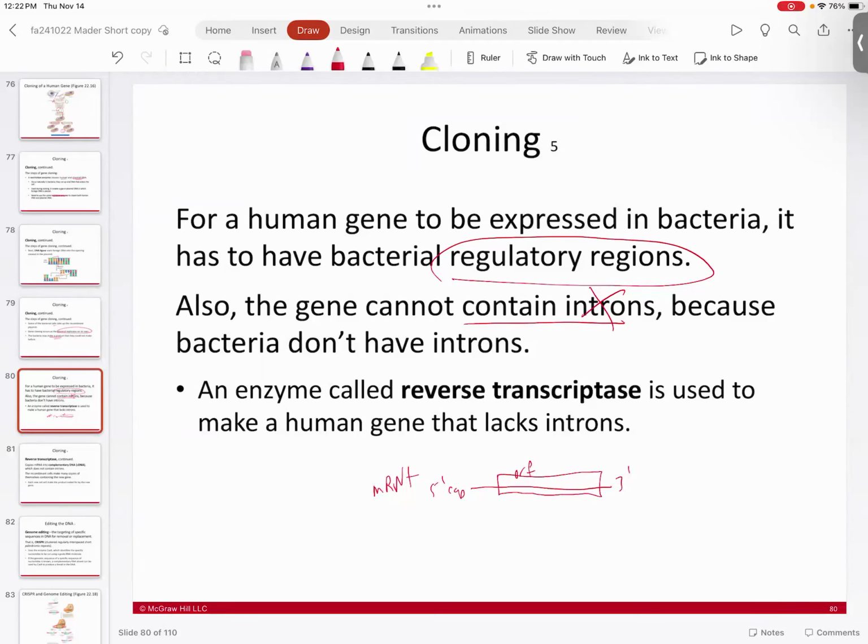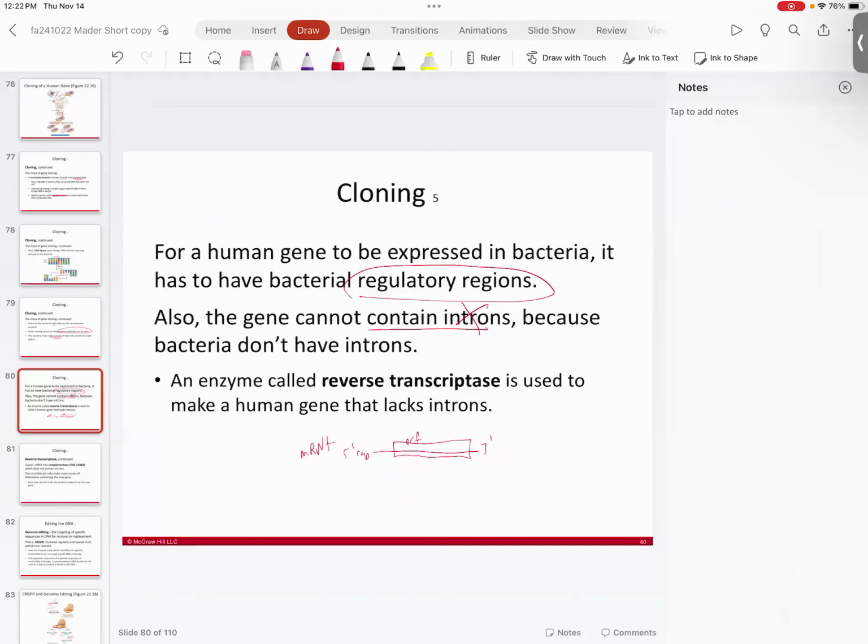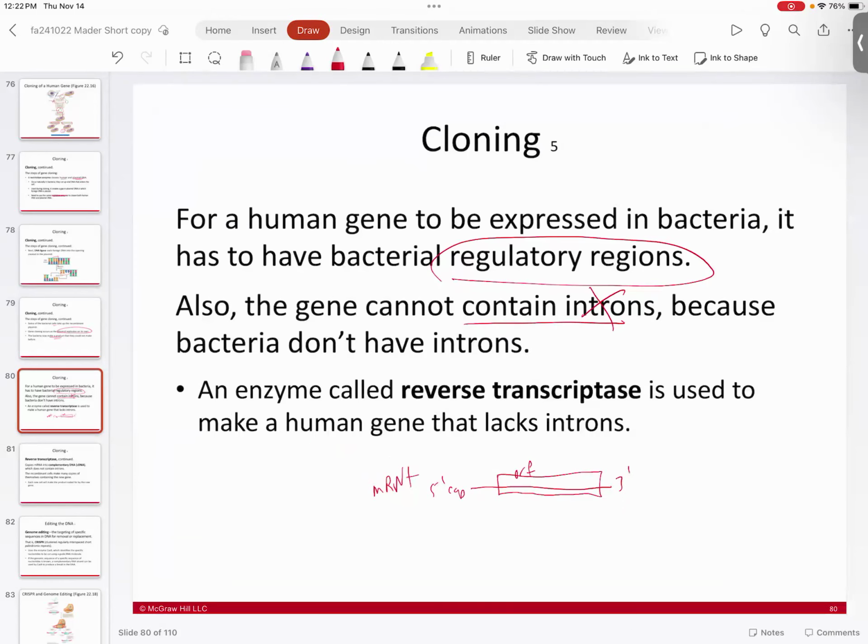And it's going to have our 3' tail. So what we do is we take this in a process called reverse transcription. And this reverse transcriptase is able to turn this into what's called a cDNA, a clonal DNA, which is a DNA version of that area.